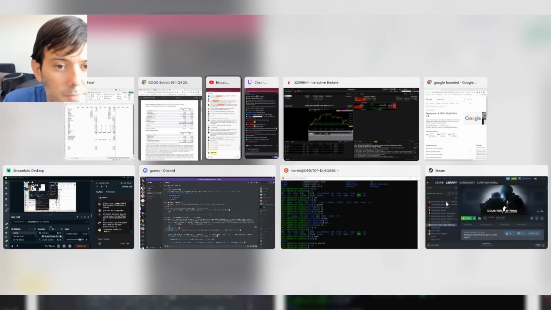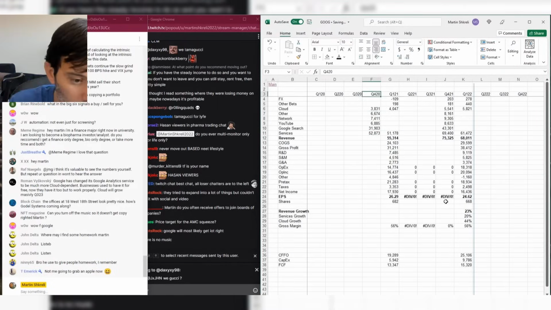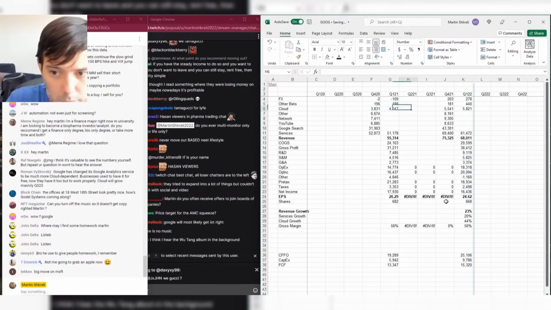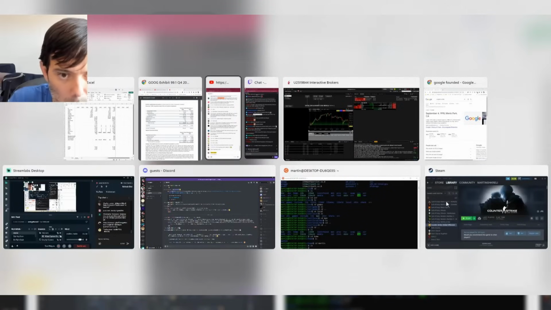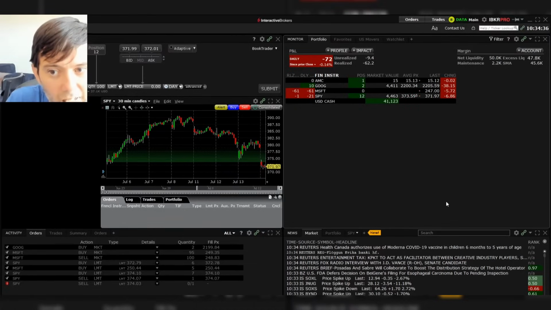Alright, let's see here. Yeah, Microsoft would have been a good short, it turns out, right? Well, we're up $11 on our Google, so make back some of the mistake we made with Microsoft.